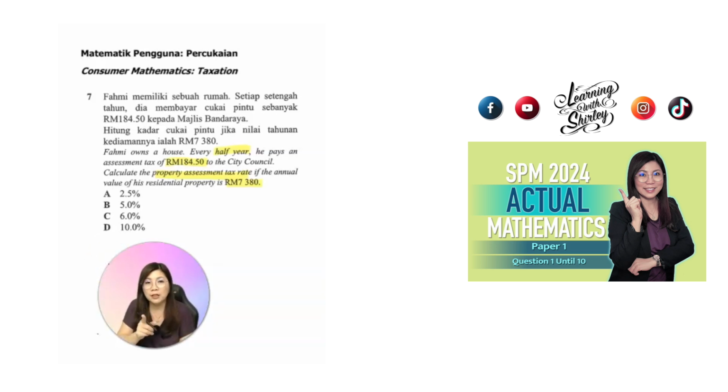Okay, so let's say X is the rate for the property assessment tax, right? But before that, we need to find how much is the assessment tax for 1 whole year. Since half year is 184.5, 1 year will be 184.5 times 2. Let's calculate how much this is. 184.5 times 2 is 369 ringgit. Okay, let's say X is the tax rate.